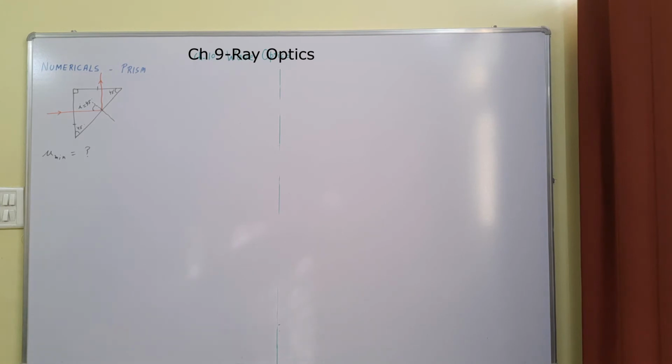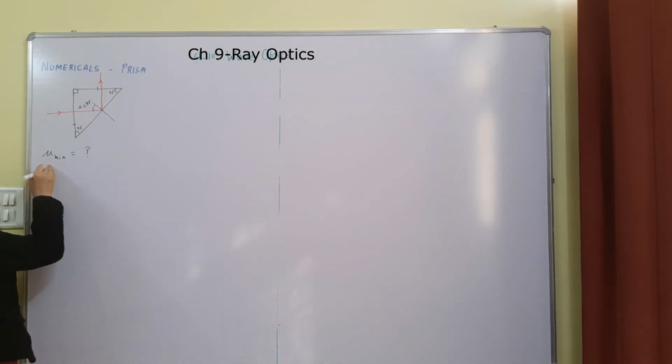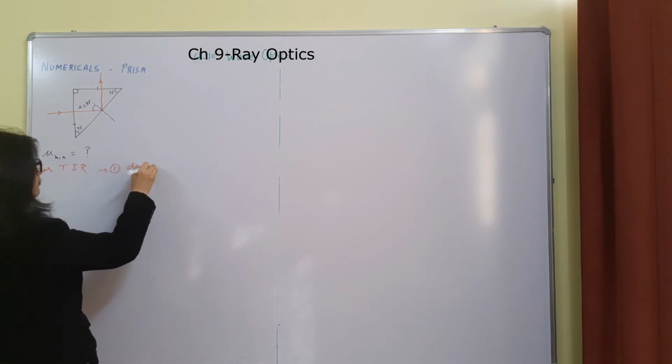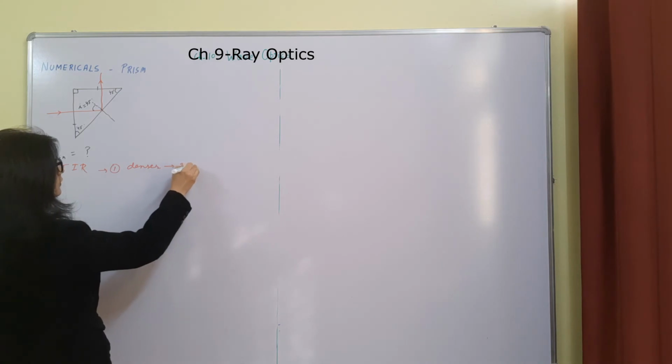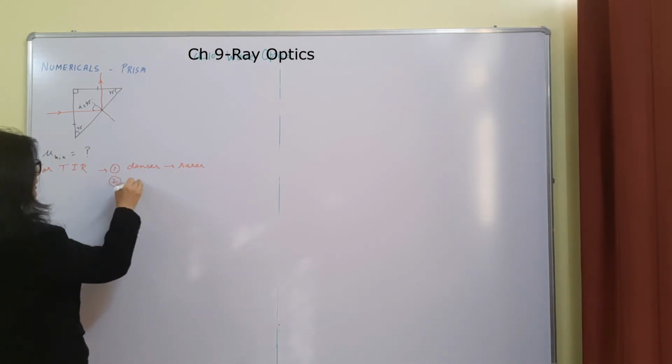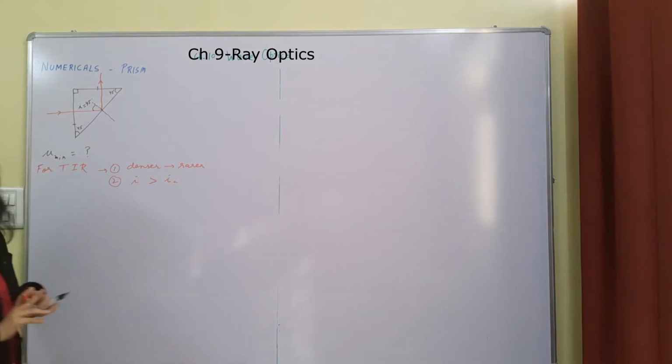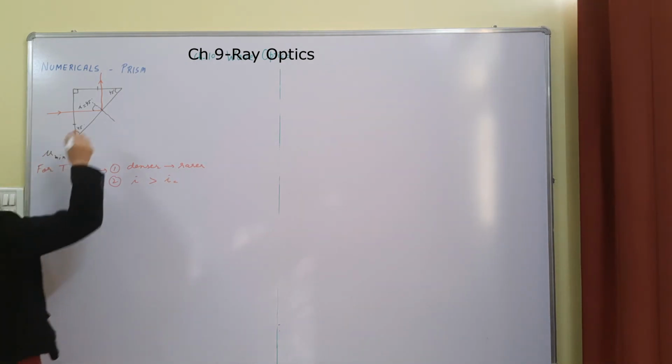we know that for TIR, first thing is the ray must move from denser to rarer. Second, angle of incidence must be greater than critical angle, right? And which angle of incidence we are talking about?